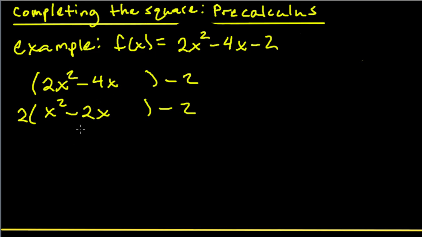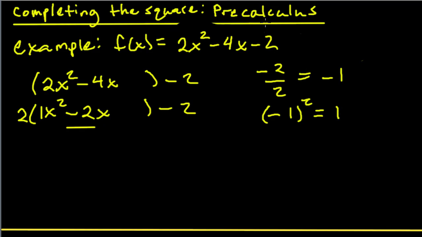If we factor out a 2, we get x squared minus 2x. Now, since we have a coefficient of 1 here, we take this negative 2 and divide it by 2, always, which gives us negative 1. We take this negative 1 and square it, which gives us 1.